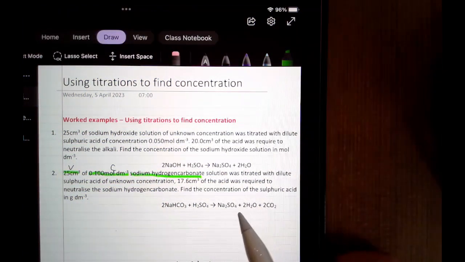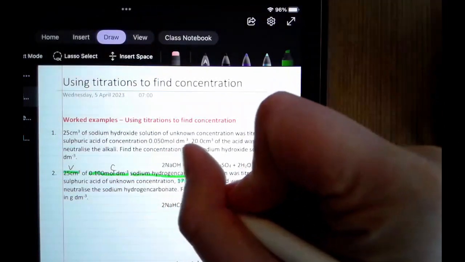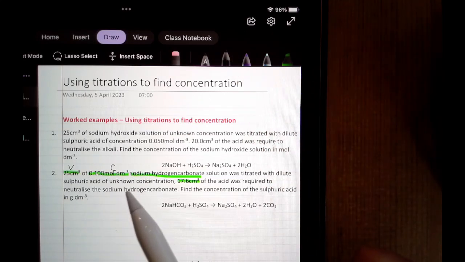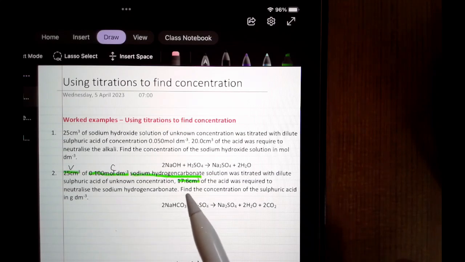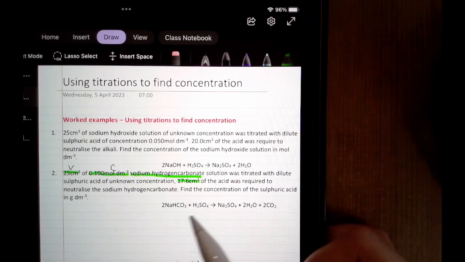For the sulfuric acid, the concentration is unknown, that's what I'm trying to find, but I am told the volume, 17.6 centimetres cubed. So this is what you'll be given in a titration question. They'll give you the volume and concentration of one solution, they'll give you only the volume of the second, and you're asked to work out the concentration of the second. So just to organise my information, I'm going to use my balanced equation and write the information underneath.